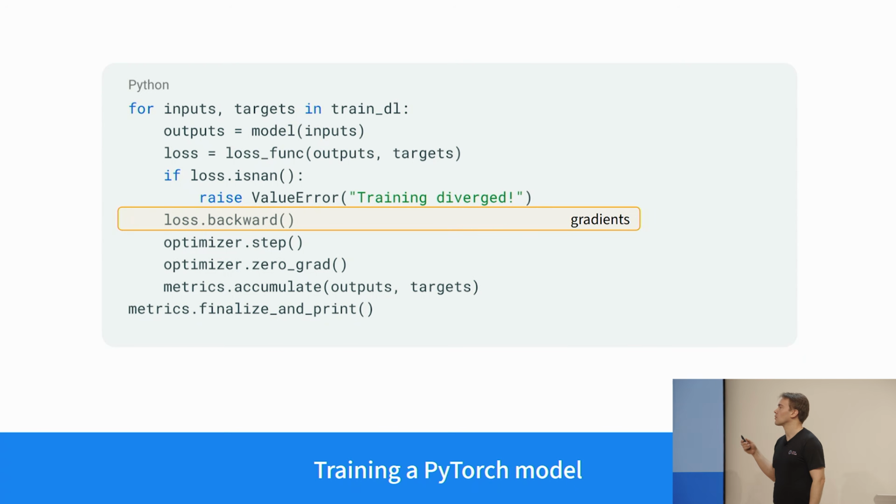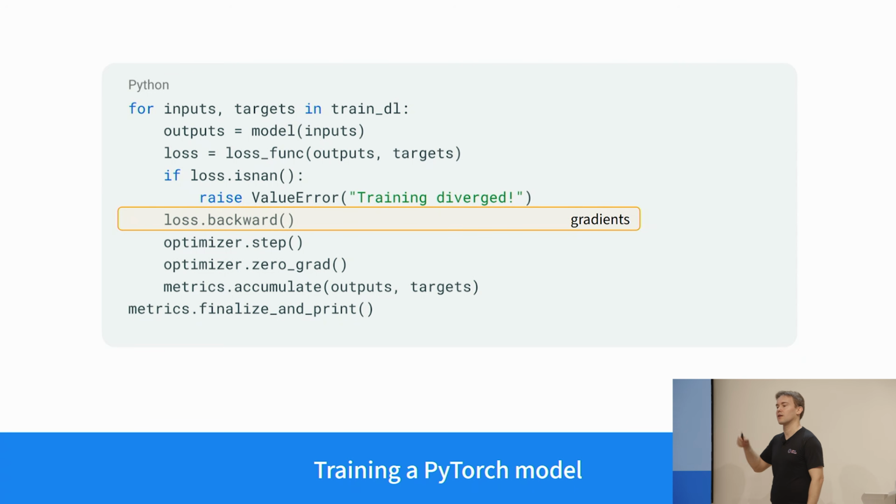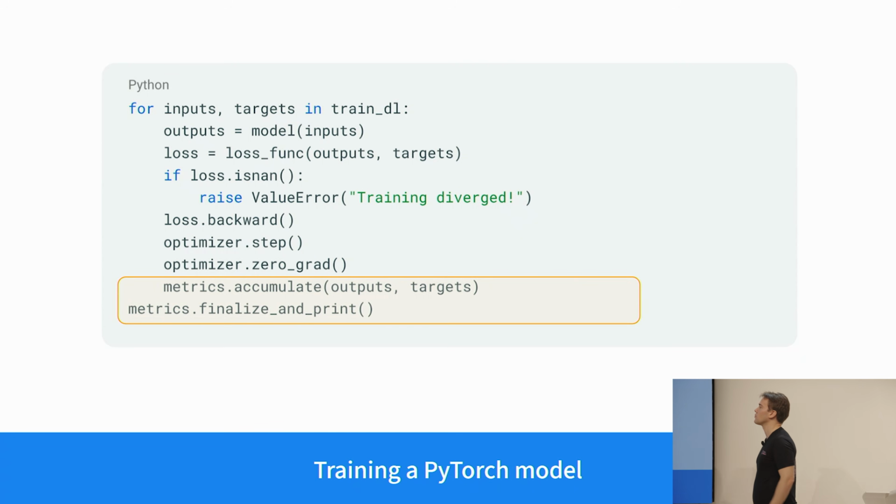PyTorch gives us the gradients kind of automatically. We just have to call this magic incantation, loss.backward, to have them be computed for us. We don't have to manually code the derivative of every operation we just did. And then we take that little step in the right direction that's going to make our model better. And I just added some stuff to compute some metrics to figure out how good our model is, and then print the final value once the training is done.